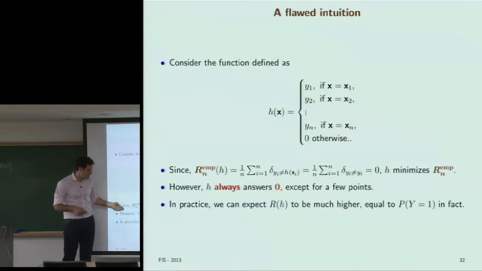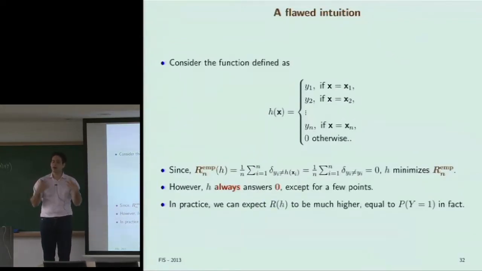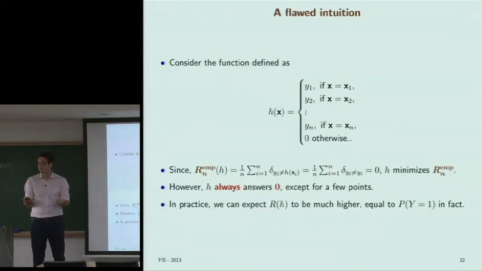So it's very easy to see that the empirical loss of this function here is 0. Right? If you just give me a database, I learn it by heart. That is, I just memorize the answer for each of the points that you gave me, and then completely forget the rest, then at least on the database that you gave me, I will make 0 mistakes.